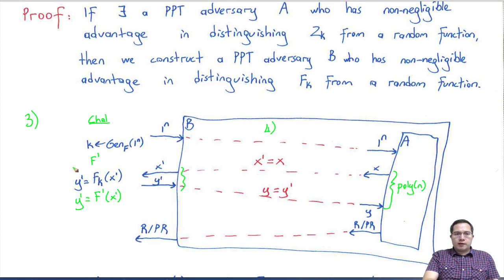We know it will behave either the blue way or the green way, and it will return y prime. B will set this y the same as y prime, and then give it back to the adversary. So for every query of the adversary, B will do this. And then at the end, its job is again simple. If the adversary says random, B will say random. If the adversary says pseudorandom, B will say pseudorandom. This is the code for B.